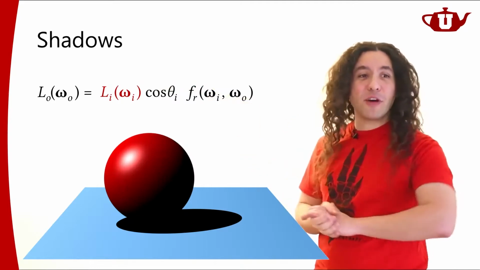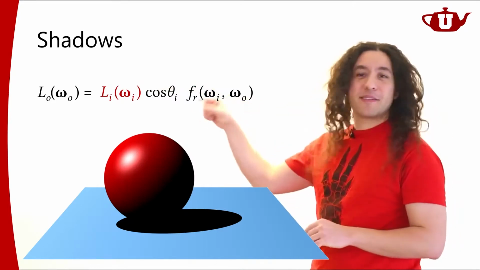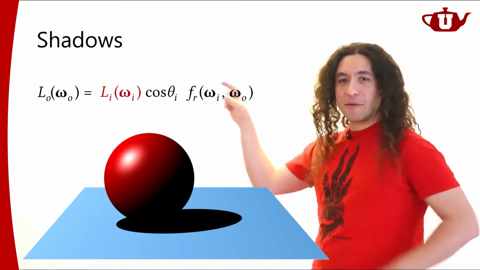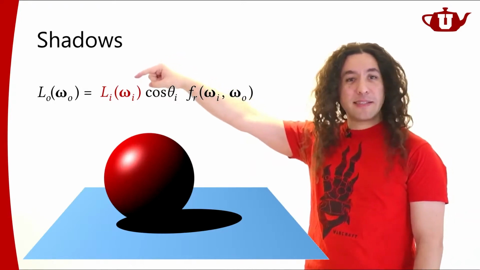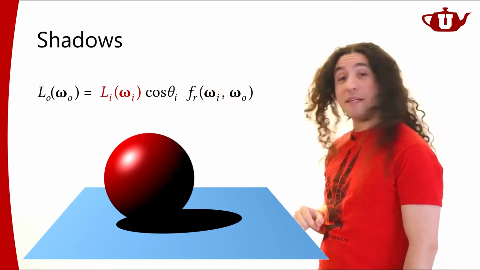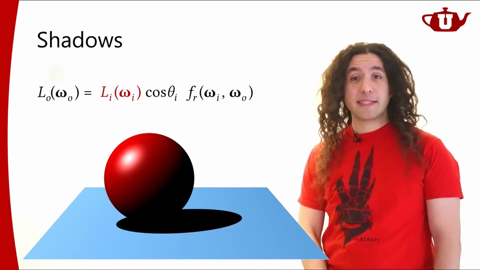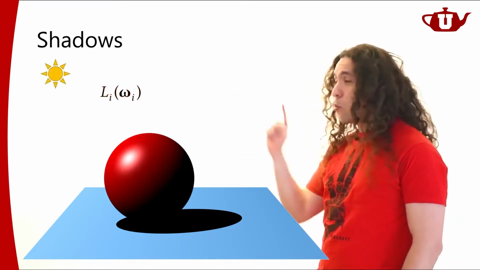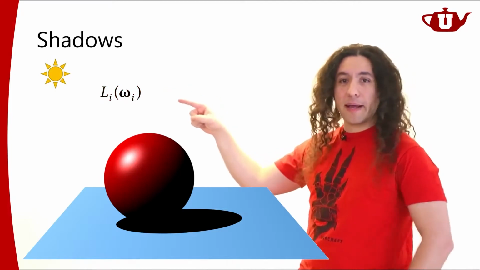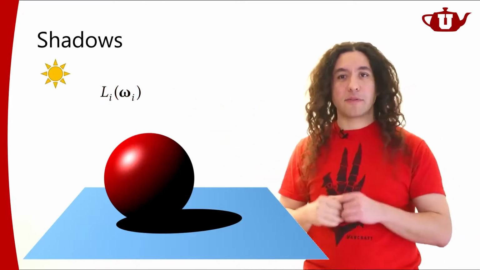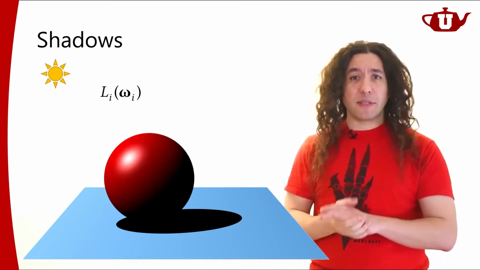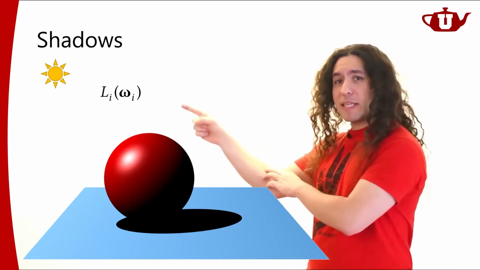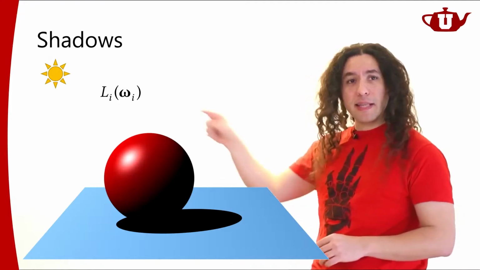Regardless of which object you're rendering, the ball or the player or whatever, the shadow is going to be hidden inside this lighting term. So let's take a look at this lighting term a little bit. We've been saying this is just the light coming from the light source. We used just the light intensity for this, right? But actually, this lighting term is a little more complicated than that.